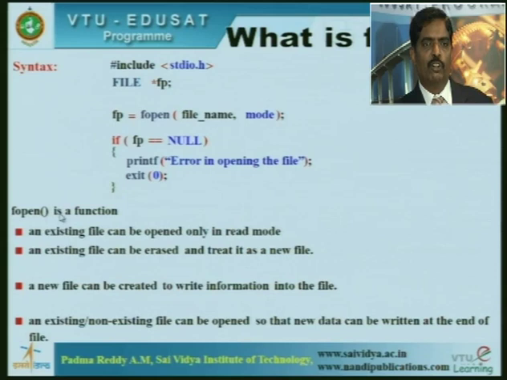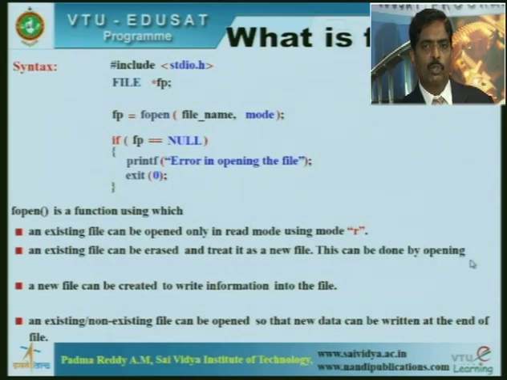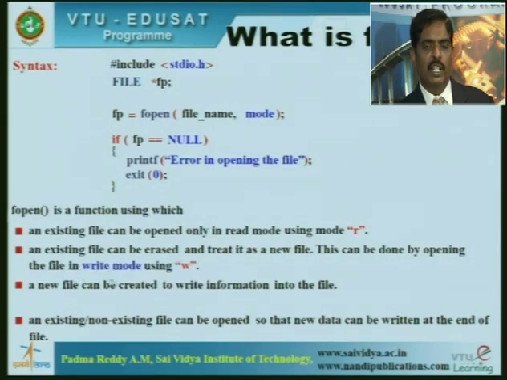So fopen is a function using which an existing file can be opened only in read mode using the mode R. An existing file can be erased and treated as a new file. This can be done by opening the file in write mode.